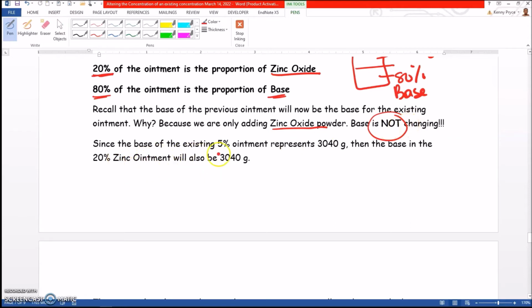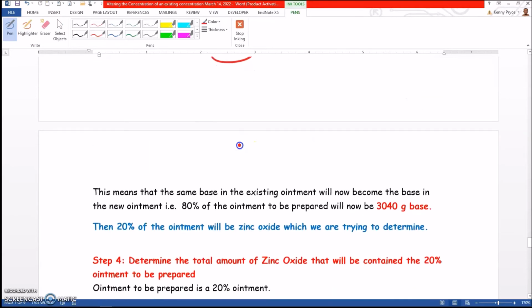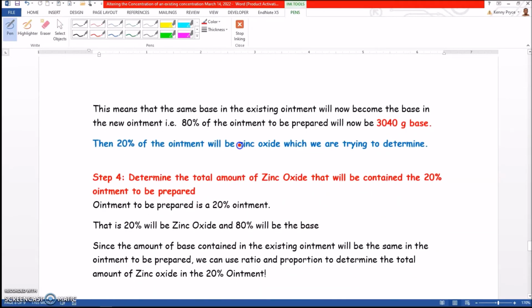So since the base of the existing ointment, which is the 5% ointment, is 3040 grams, the base in this 20% zinc oxide ointment will also be 3040 grams. So this means that the same base in the existing ointment will now become the base in the new ointment.